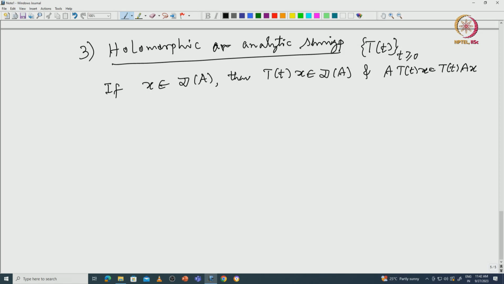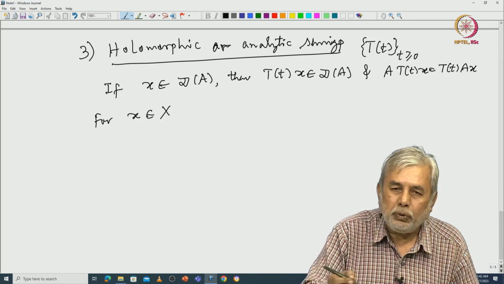So in general, for x just in the Banach space, we cannot claim that T t x belongs to dA.